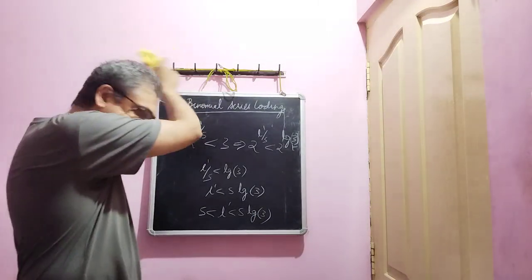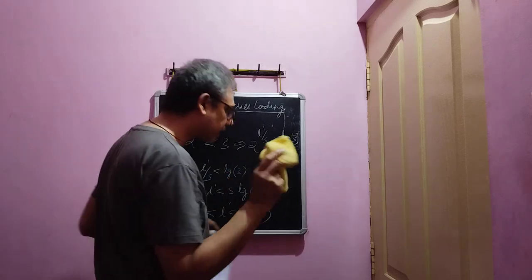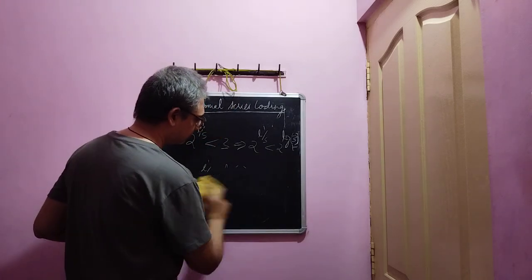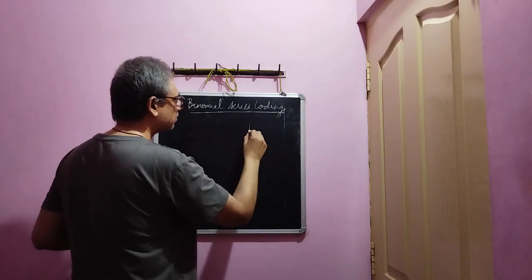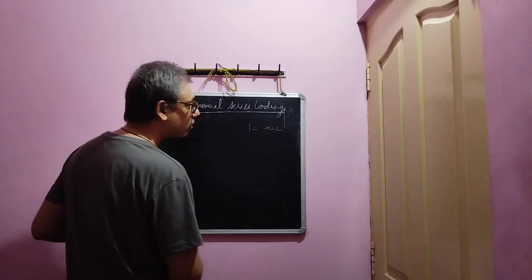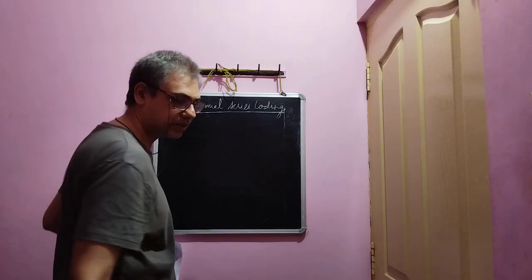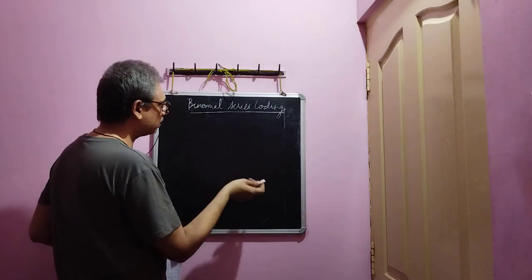Now we also have the other question, which is how big or how small should x itself be? We have 1 less than x less than 2, but how big or how small should x itself be in relation to L dash? So that is the other question.